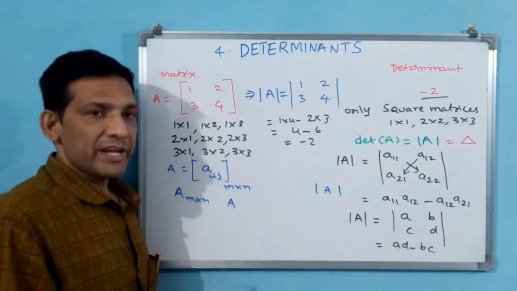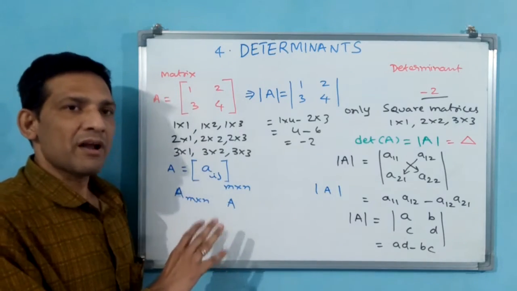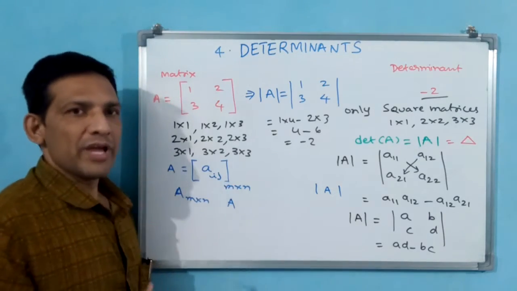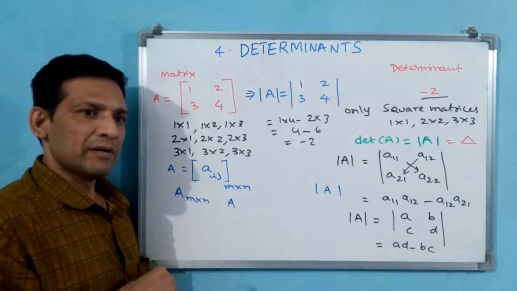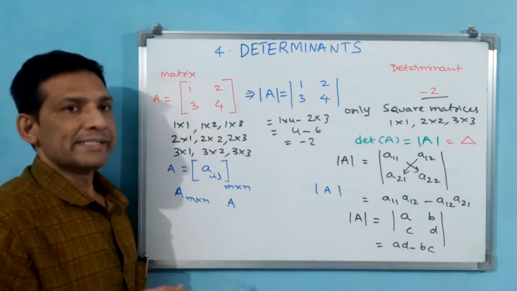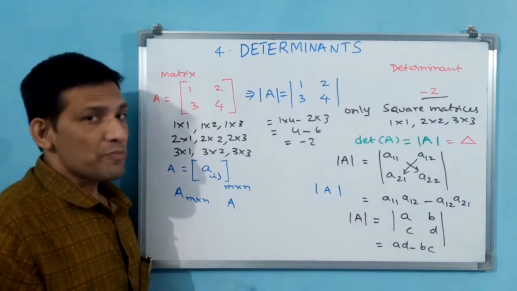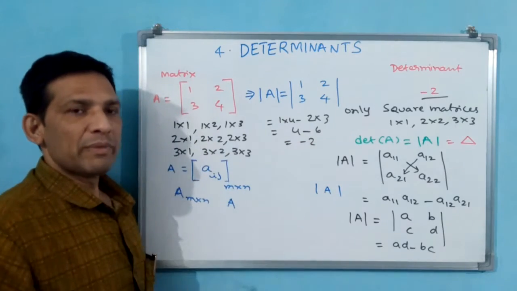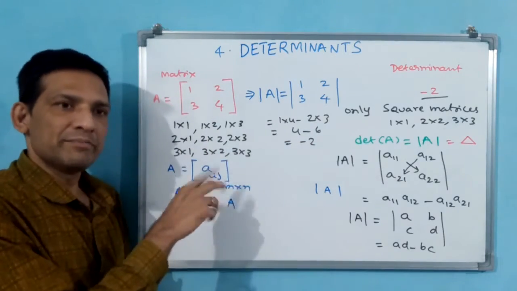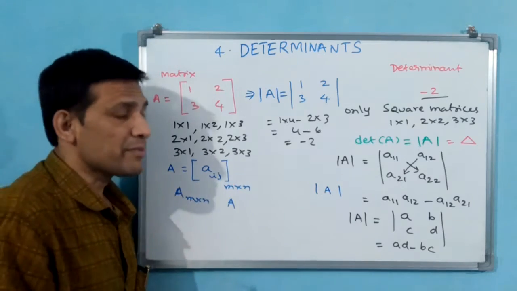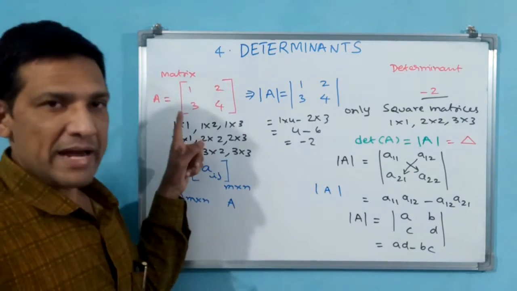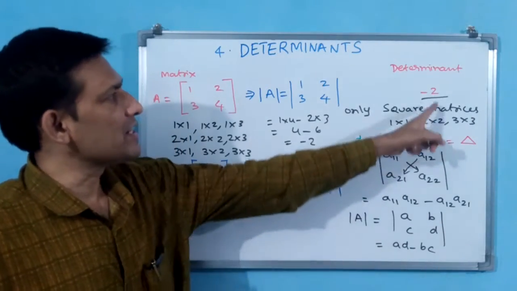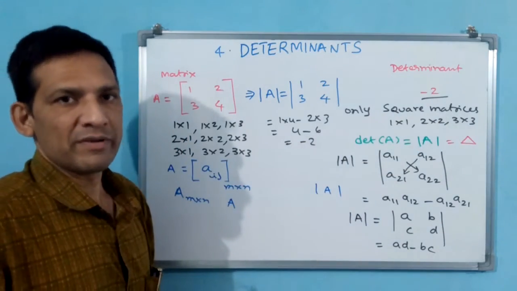For a matrix to make any operation, either a scalar may be there, like K into A, or another matrix has to come to operate, like A into B for multiplication, or A plus B. But determinant is not like that. If you give one matrix A, then the determinant directly makes the operation and gives the determinant value.